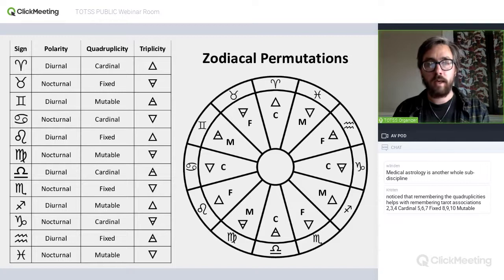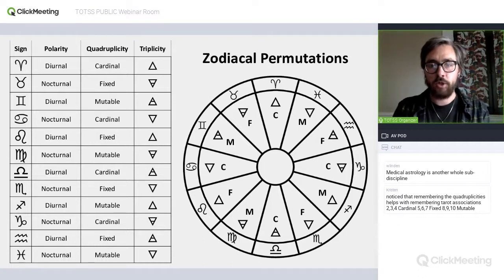But each sign is a unique combination of quadruplicity and triplicity, right? So Aries is the only cardinal fire sign, Taurus is the only fixed earth sign, Gemini is the only mutable air sign, and so of the 4 cardinal signs, 1 of each is assigned to each of the elements, and of the 3 fire signs, 1's cardinal, 1's fixed, and 1's mutable. So each is like a unique combination of quadruplicity and triplicity.